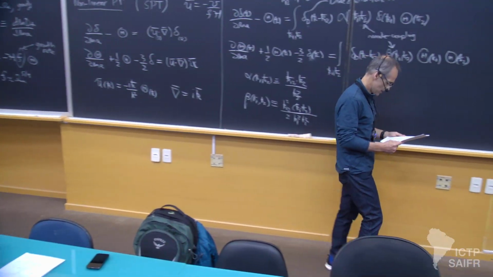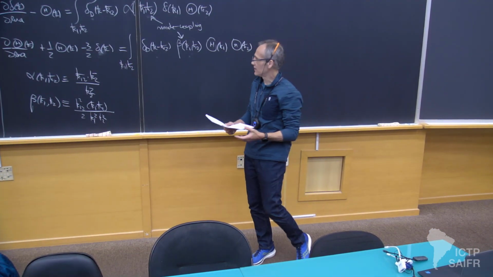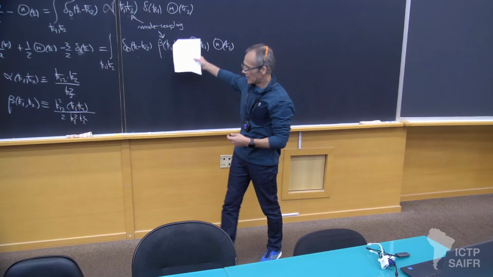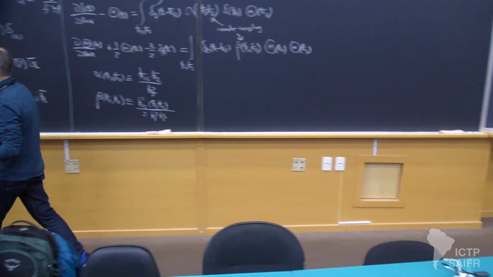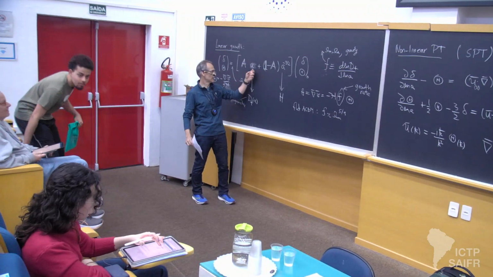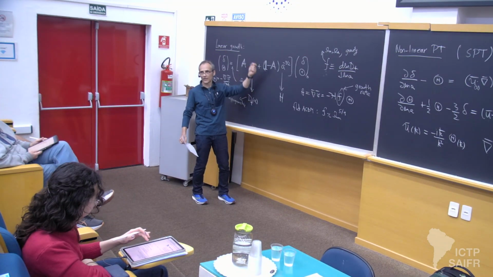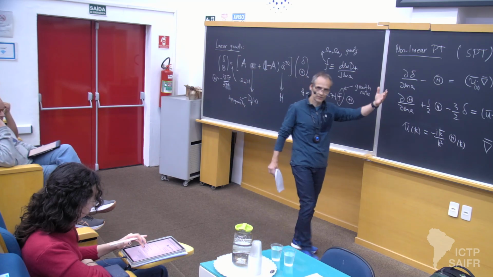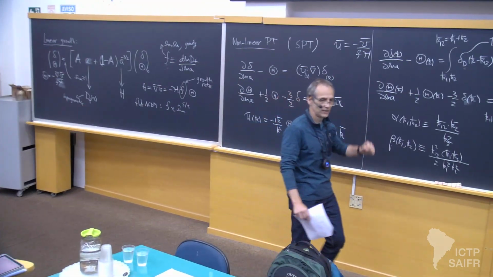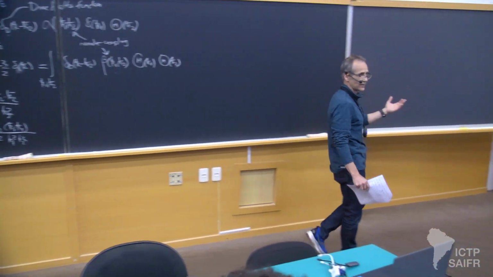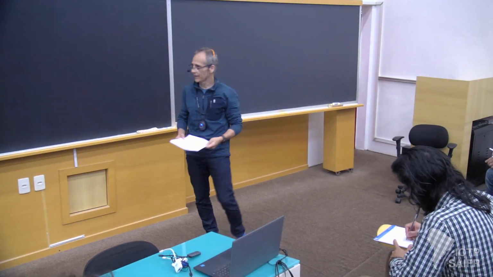And when you do that, you can see that each time I go one more order in perturbation theory, and for now let's think only about the growing mode, I'm going to have an extra power of a. So the second order solution, the fastest growing mode is going to go as a squared. The third order solution, the fastest growing mode is going to go as a cubed, and so on.